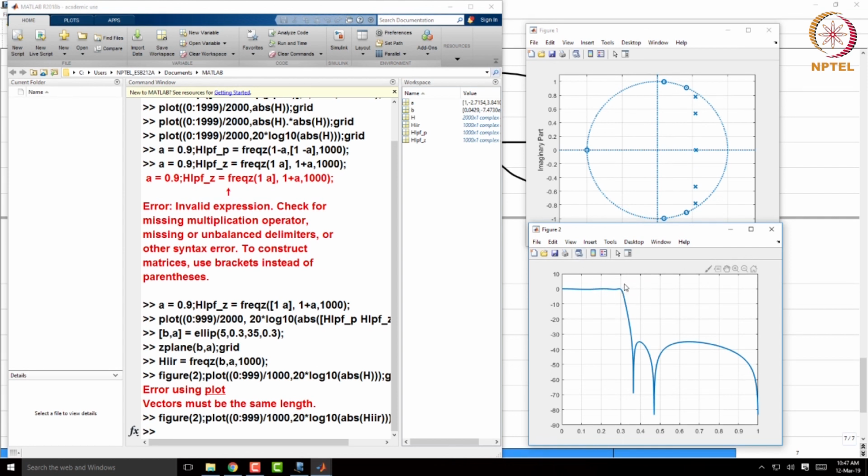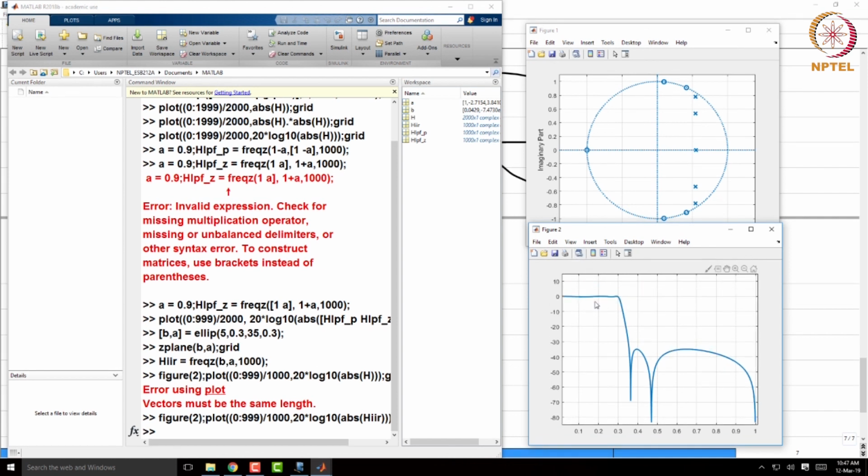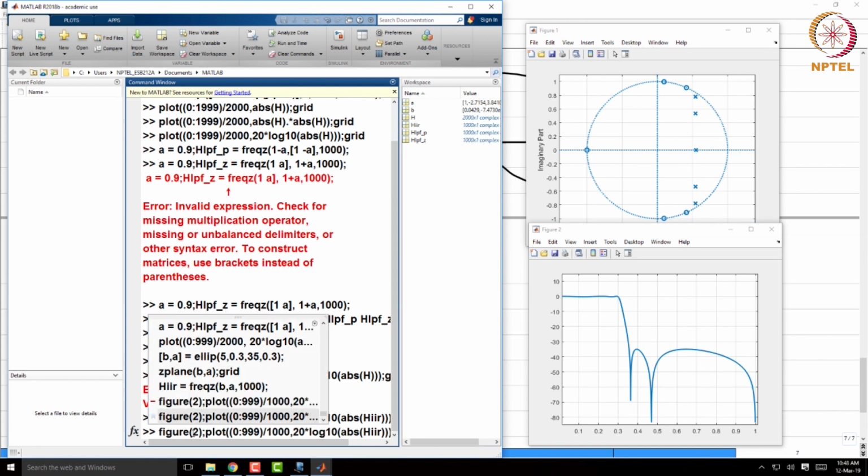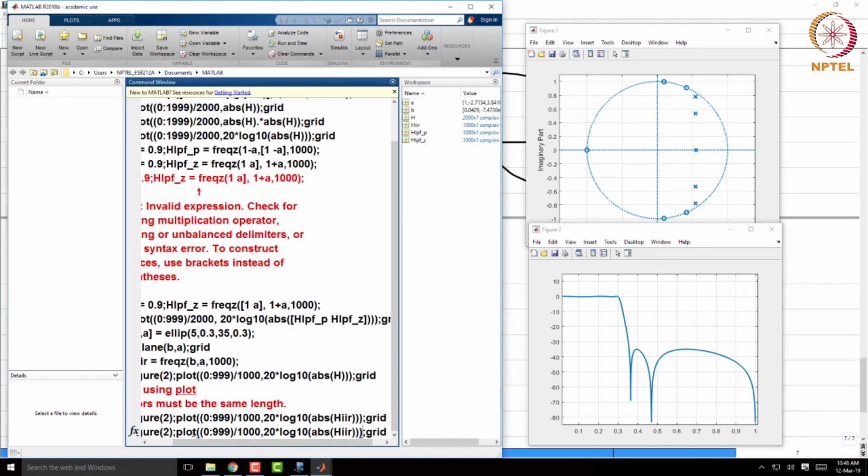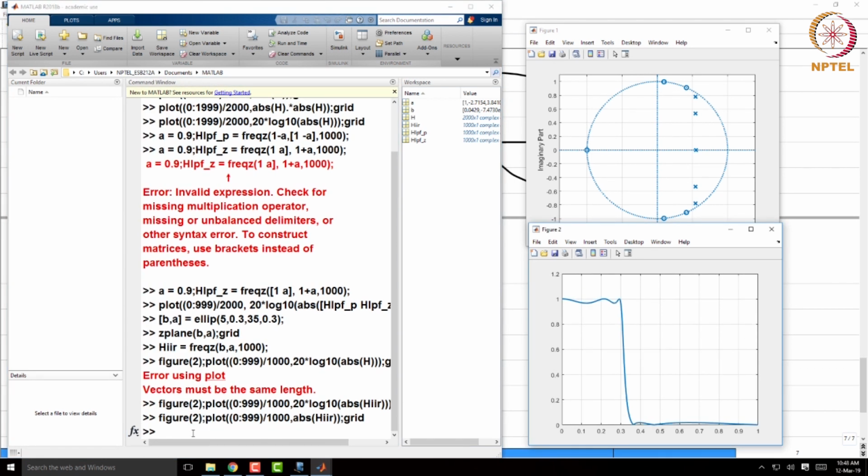And here you do not see the ripples on this scale. So, you should see a bump due to this pole, another bump due to this, and another bump due to this. Actually, you will be able to see the bumps if you plot this on a linear scale. Now, you are able to see the bumps in the pass band.